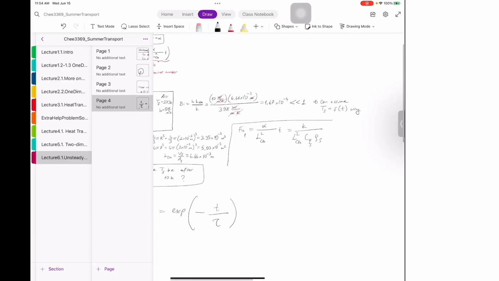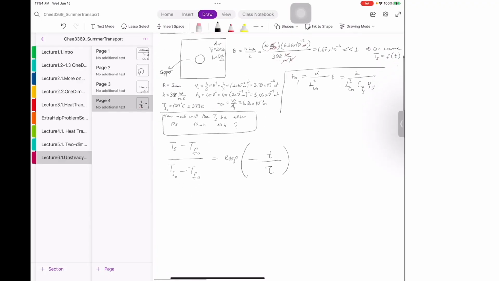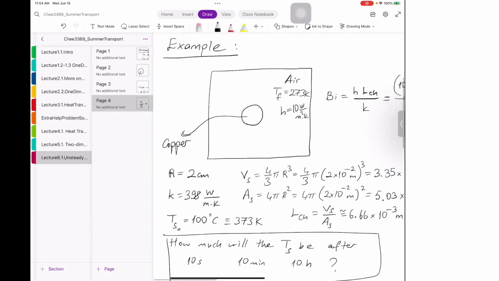We should find the values for the Cp and rho of the copper too. So let's write them here. Rho of copper, roughly in SI units, is going to be 8,960 kilograms per meter cubed.